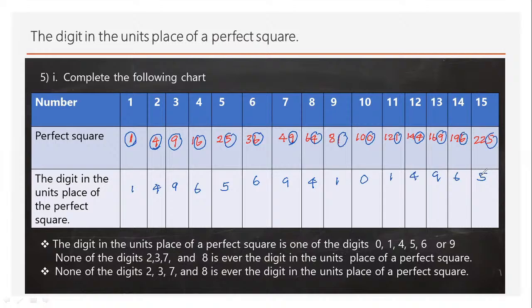None of the digits 2, 3, 7 and 8 is ever the digit in the unit place of a perfect square. We can see only the following digits: 0, 1, 4, 5, 6 or 9.